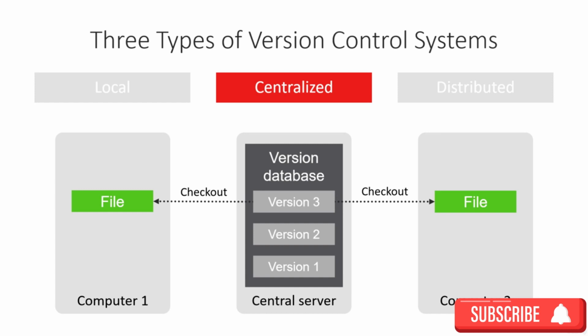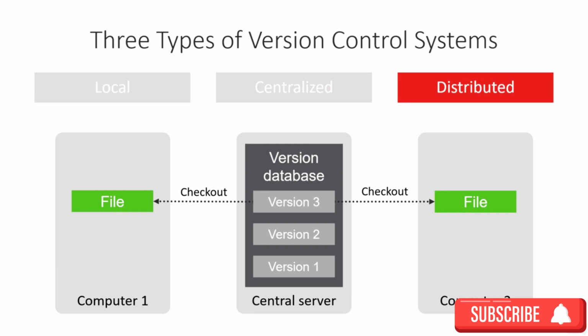And this is exactly the point where distributed version control systems enter the stage. In a distributed version control system, you have also a server, but let's call that not central server, but instead server computer. It is just another computer that has the version database.